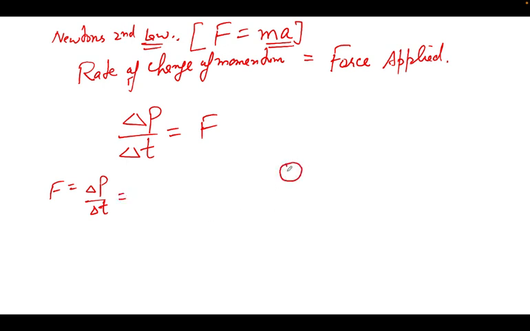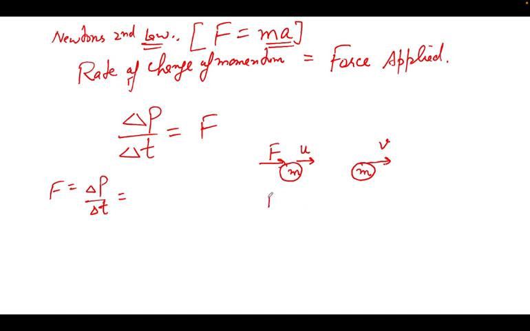Suppose a body has a mass m and we are applying a force F to that body, and suppose initially this body is moving with the initial velocity u, and after we apply the force it starts to accelerate and moves with the velocity v.